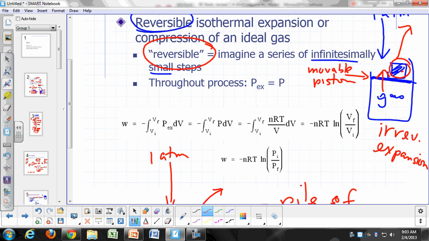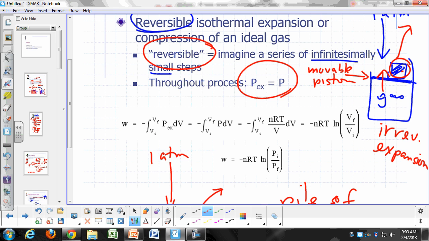Throughout the process, you're gradually dropping your external pressure, and the pressure of your gas is going to be equal to the external pressure. You give your gas enough time to match the external pressure each step of the way.